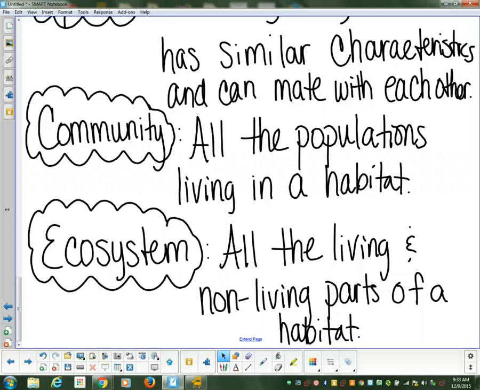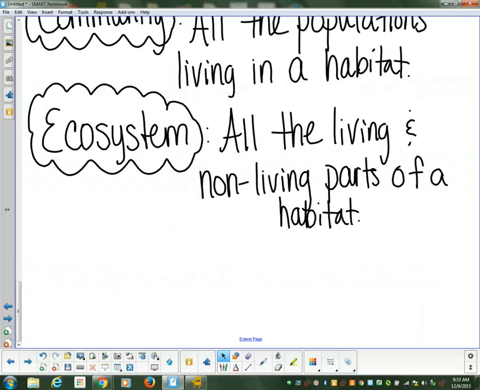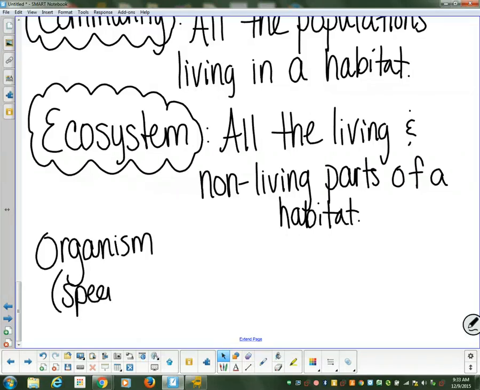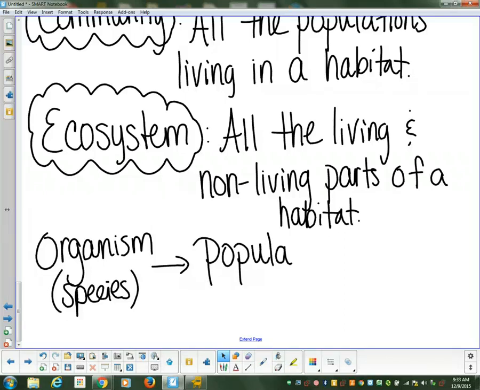So to classify and put these together, if you take either an organism, or you could say species, if you have just one single one, and now you put multiple of those organisms together, it is going to make up a population. Okay, so now you have multiple of that organism or species.